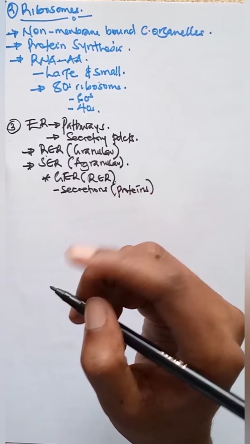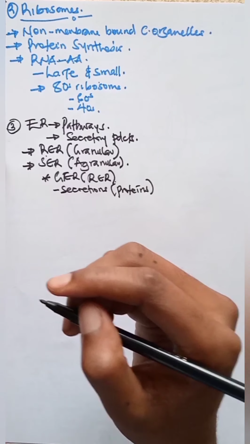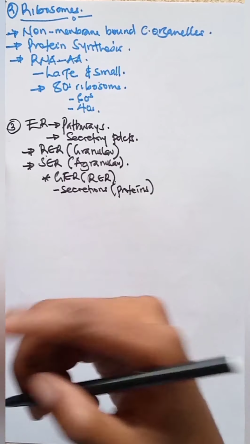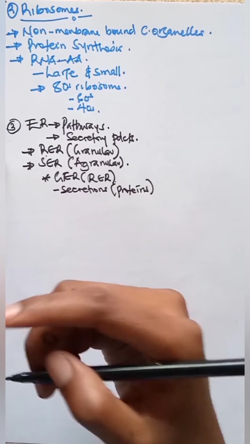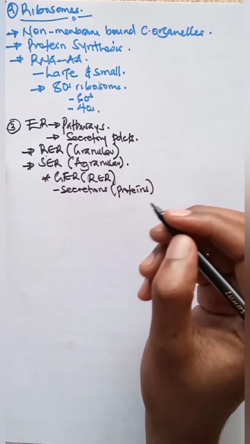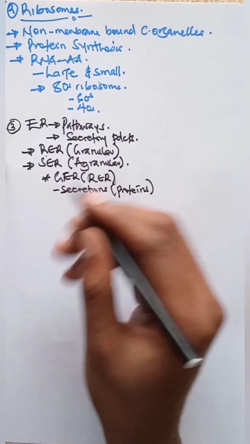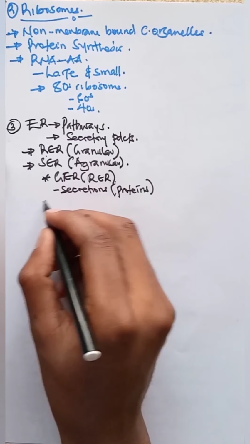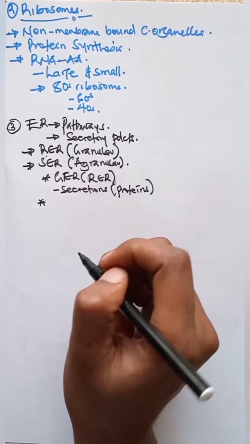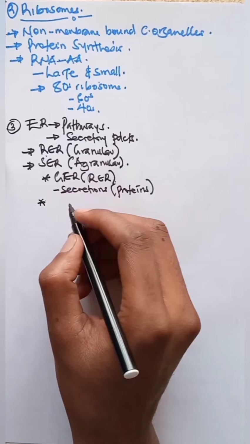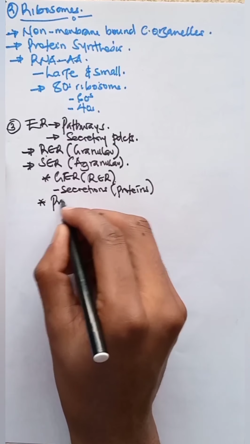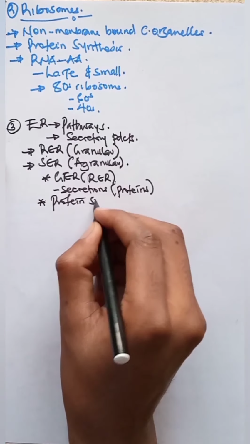And of course, this secretion of proteins may be released outside the cell, and they have high affinity for the basic dyes. Apart from that, we must appreciate that the granular endoplasmic reticulum is a major site for protein synthesis.